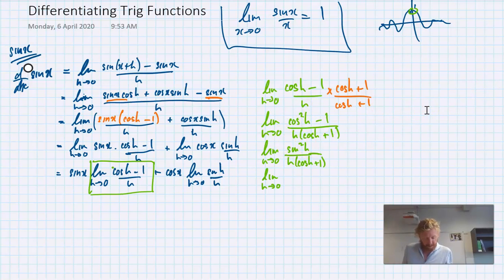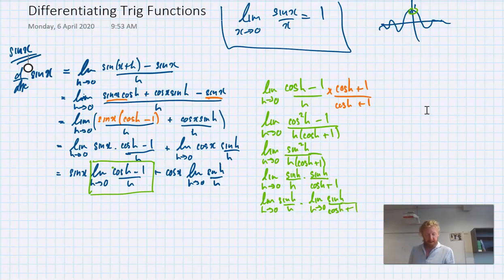So I'm going to split this fraction, and say that's sine h on h times sine h on cos h plus 1. I can again bring that limit through. Limit h approaches 0 of sine h on h, because I can multiply limits, times the limit as h goes to 0 of sine h on cos h plus 1.